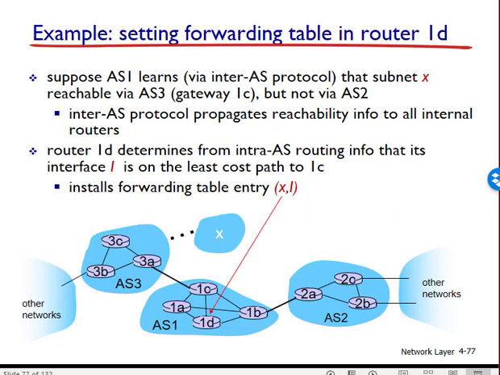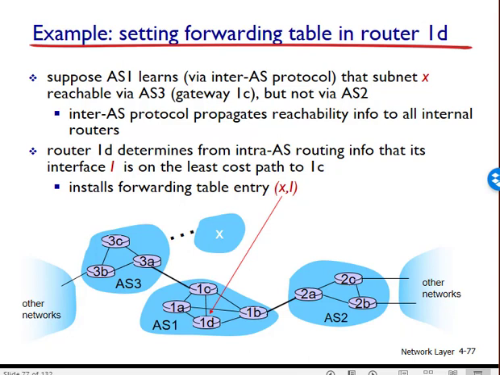As an example, consider subnet X. And suppose that Autonomous System 1 learns from the Inter-Autonomous System Routing Protocol that subnet X is reachable from AS3 but is not reachable from AS2. AS1 then propagates this information to all of its routers.